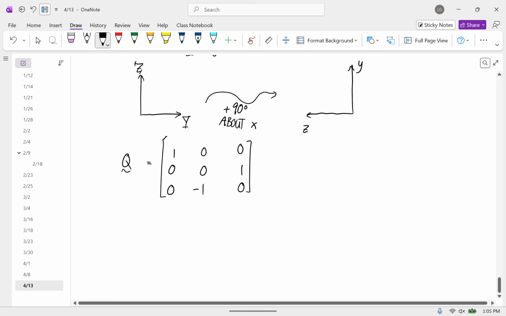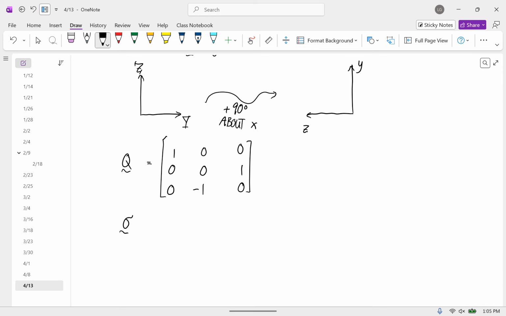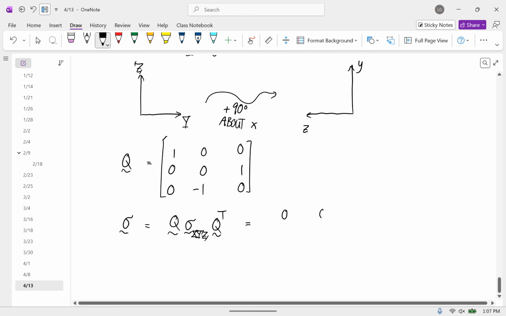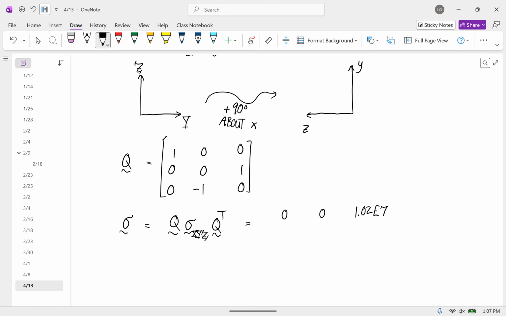Okay, and now finally, our stress tensor is equal to Q times our temporary stress tensor times Q transpose. And let's punch that. 0, 0, 1.02 times 10 to the 7, 0, 0, 0, 1.02 times 10 to the 7, 0, 0.